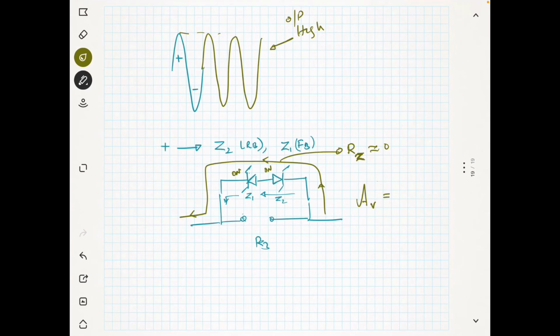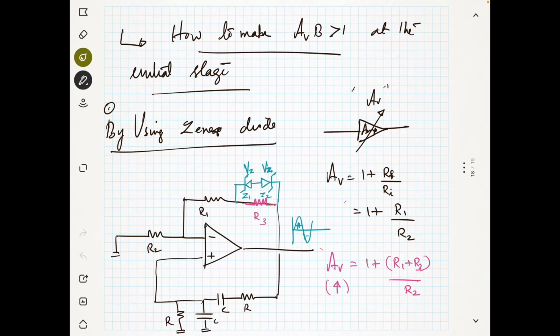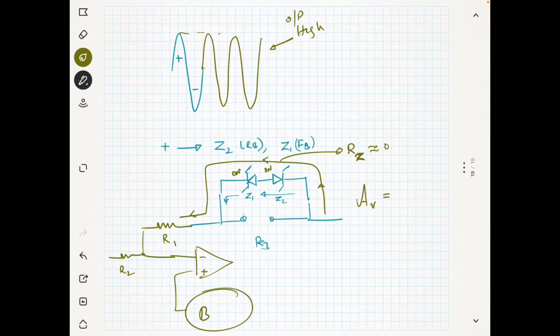So for the voltage gain, you have R1 and R2, as I told you, and this is your op amp, minus and plus, and this is your feedback network.